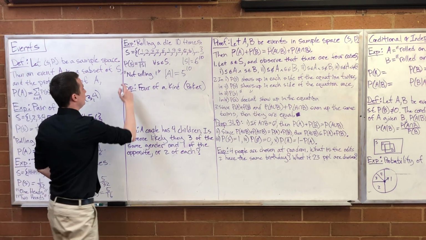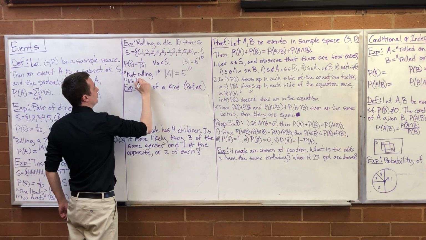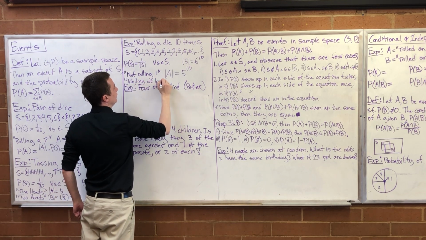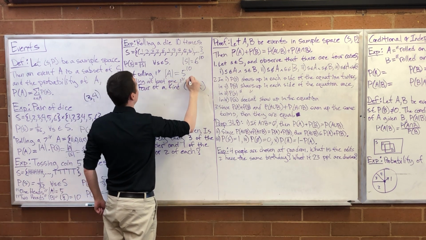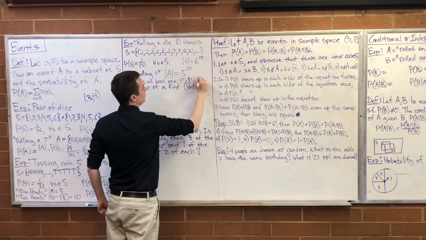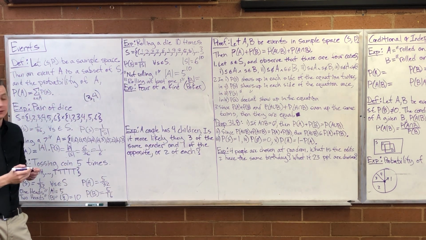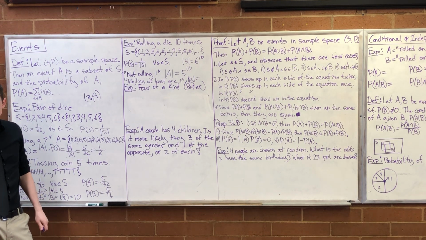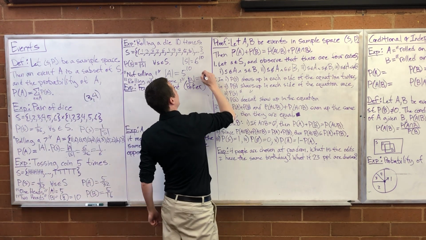Now let's define the event B, rolling at least one 1. What's the size of B? 6 to the power of 10 minus 5 to the power of 10.